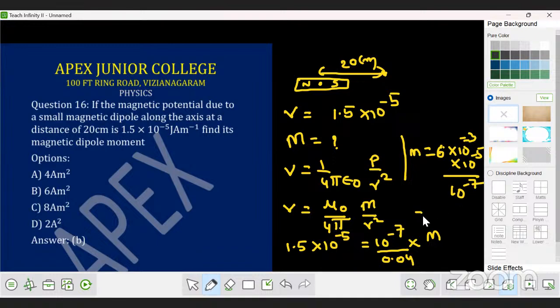How much will it be then? I think I am getting 6 into 10 power minus 1. 1.5 it is.